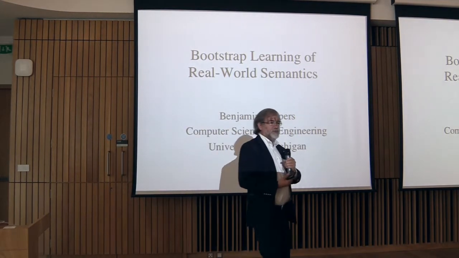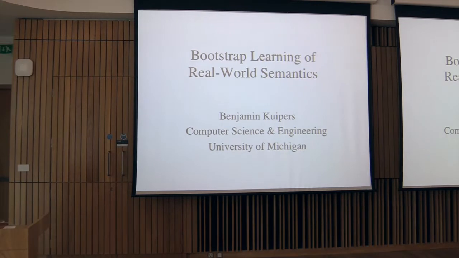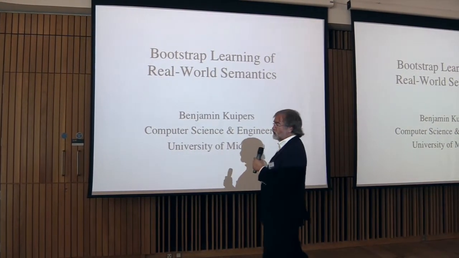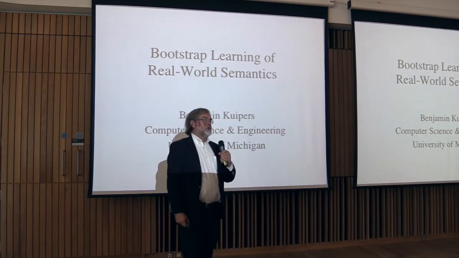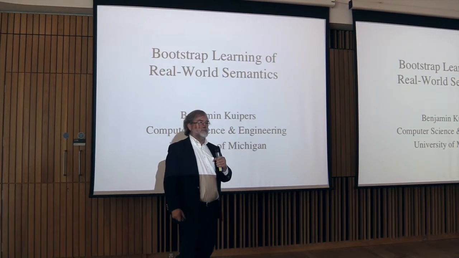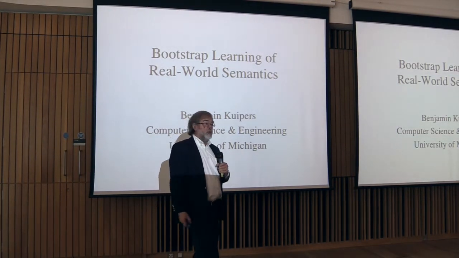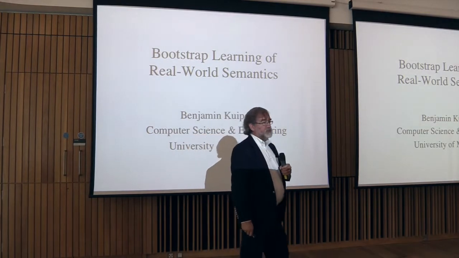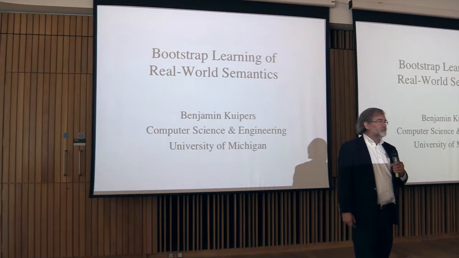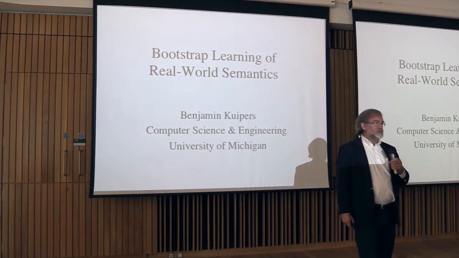Okay, well, thank you very much. So now we move on to chapter 2 of this, which I call bootstrap learning, because somehow we have to be able to pull ourselves up by our bootstraps. And so one of the questions that I ask is where does semantics come from? How do you get meaning, particularly if all you've got to start with are pixels?